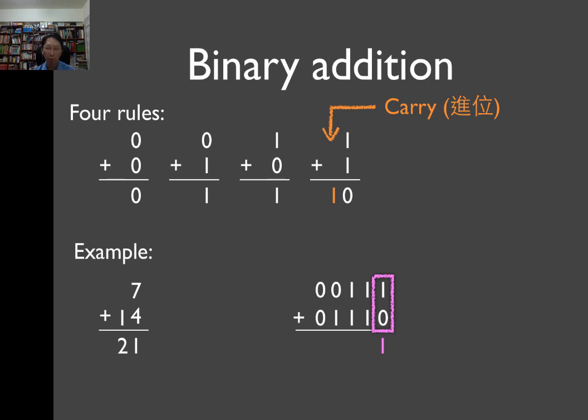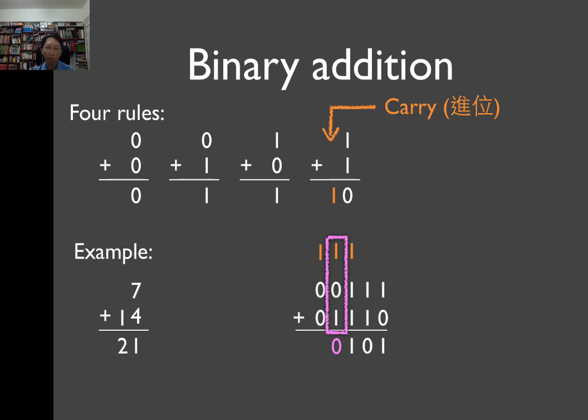Let's do the rightmost digit first. 1 plus 0 we get 1, according to rule number 3. And move to the next digit. 1 plus 1, we have a carry. For this digit, we have to add three 1s. We can do the first two first, get the result, and then add the third 1. Again, we got 1, 1.